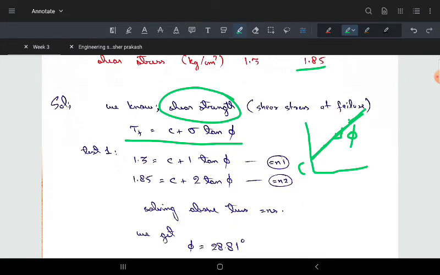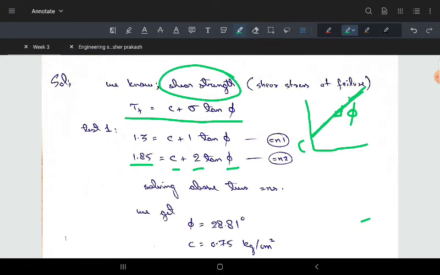For test 1, tau f is given as 1.3, it was calculated. It is equal to C plus sigma tan phi. Sigma is 1, so this is equation 1. For test 2, tau f is 1.85, sigma is given as 2, and C and tan phi we have to calculate.